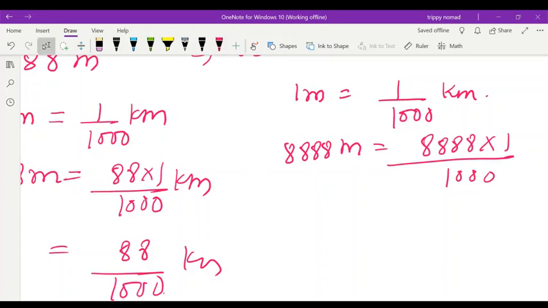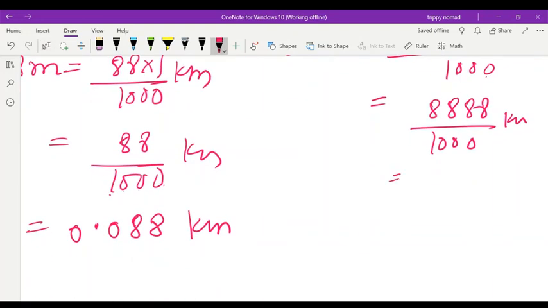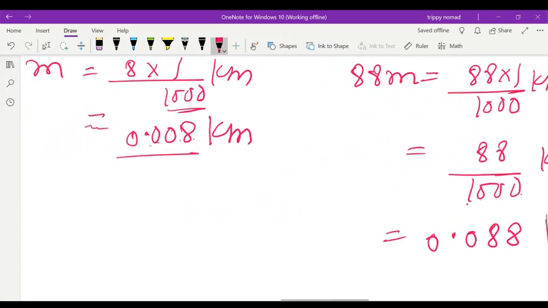Now next you see here 1, 2, 3. So 8888 upon 1000 kilometer. So what will come? Where is the point? 1, 2, 3. Here the point will come. So I hope you understood how to do it.